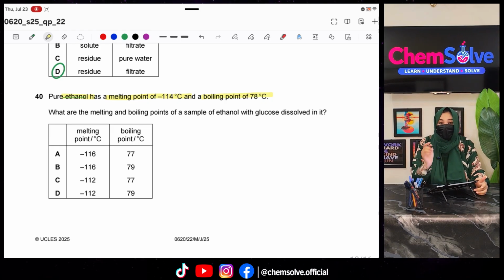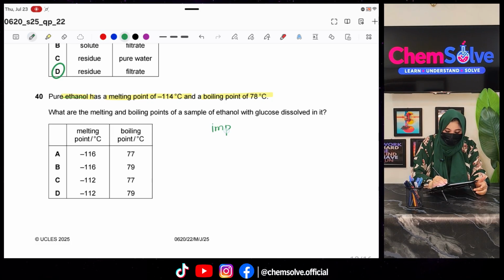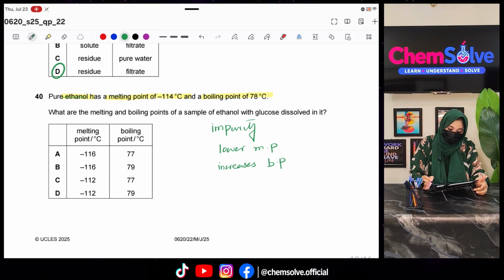When something is dissolved, it means it becomes impure. So what happens? Impurity lowers melting point and increases boiling point.